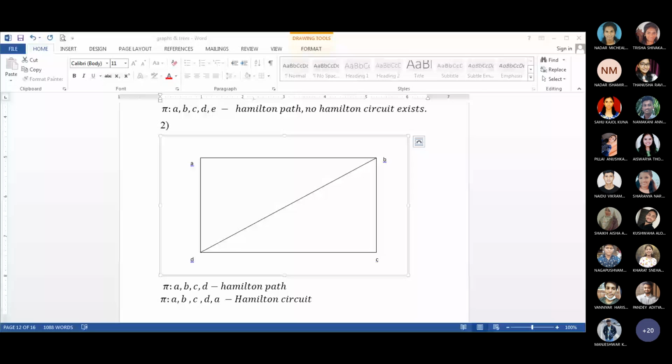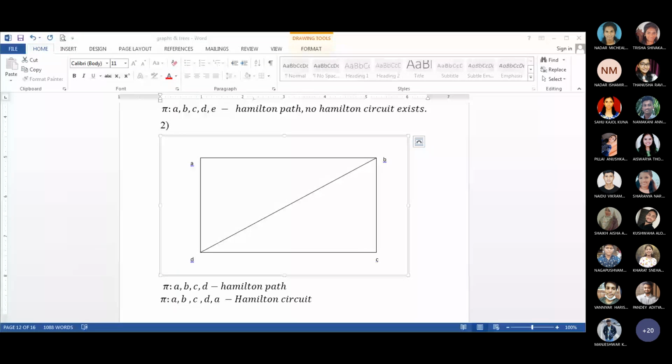C? 2. D? 3. So these are the degrees of my 4 vertices: A is 2, C is 2, B and D have degree 3 each. Now if we add all of these, what is the total? 10, right? And you have 5 edges.